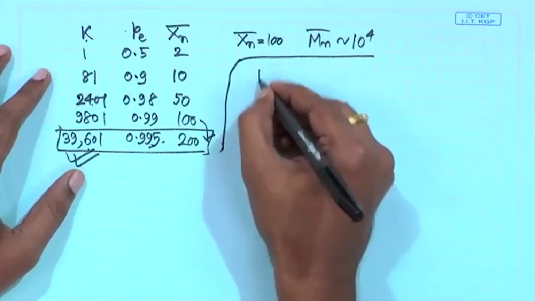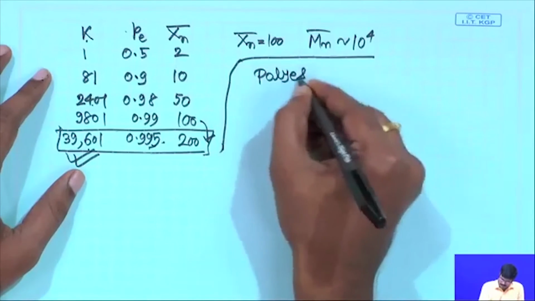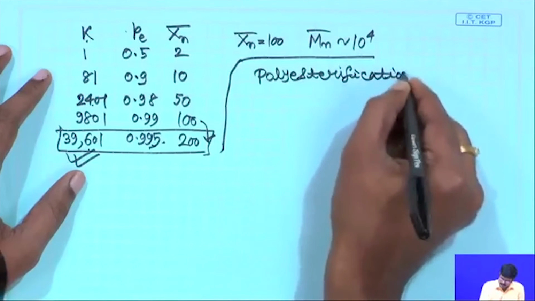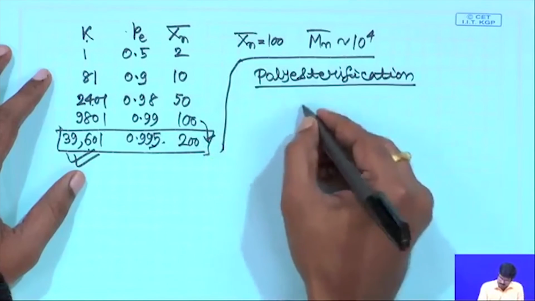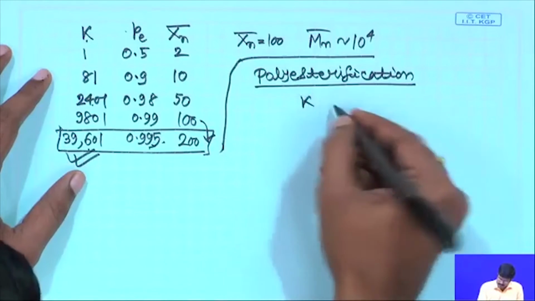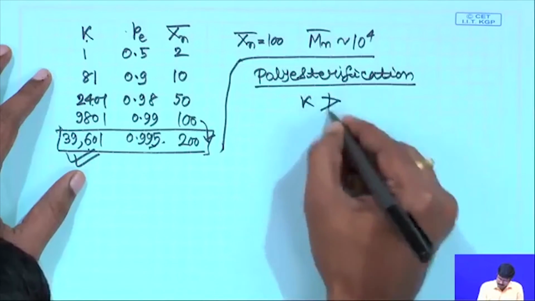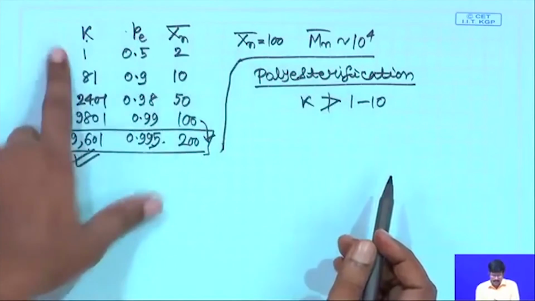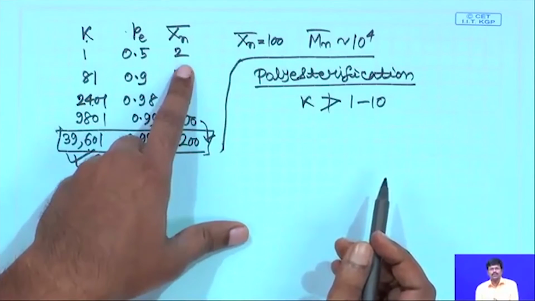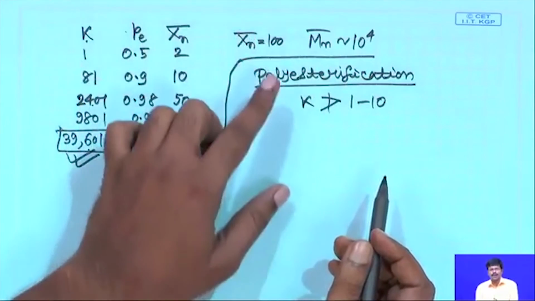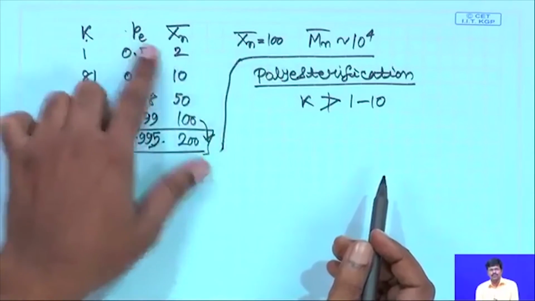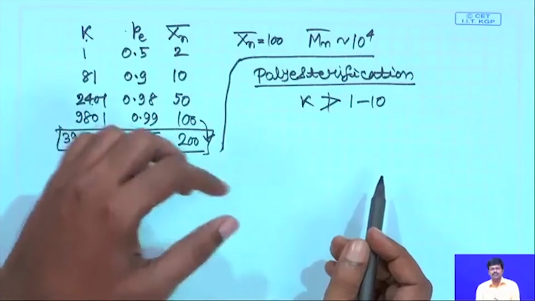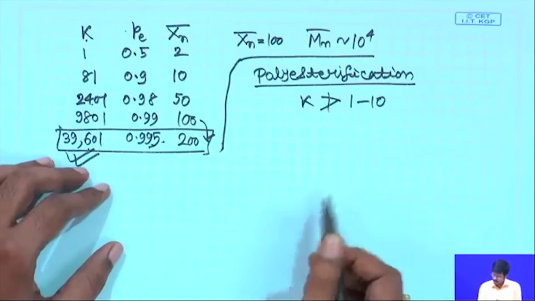Say if you are looking at polyesterification reactions, your typical K values are of the order of 10, they do not normally go beyond 10, I am just putting 1 to 10. So, if the K value is say 10, you are getting Xn value very very low, this reaction cannot work. If you are looking for polyesterification, you cannot do it in a closed system, you cannot simply get high enough degree of polymerization which will lead to high enough molecular weight of the product.